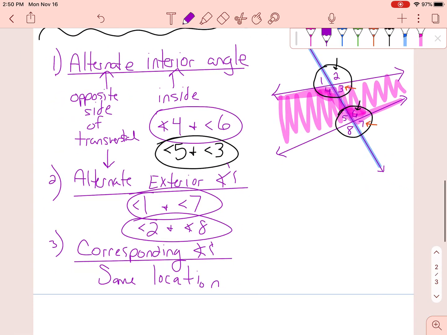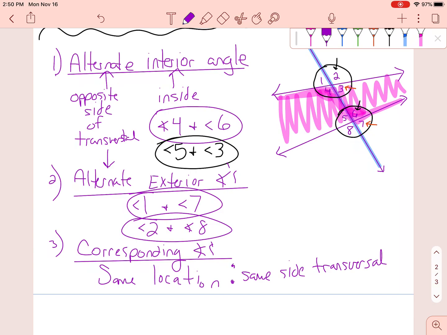What it means for the same location is that they're on the same side of the transversal and in the same location of the sandwich bread. So they're both below the sandwich bread, or they're both above the sandwich bread.